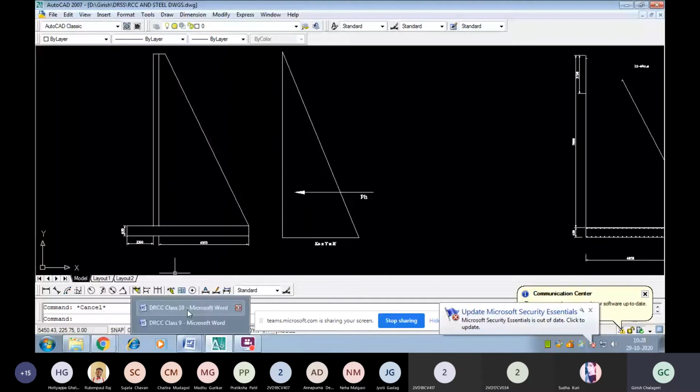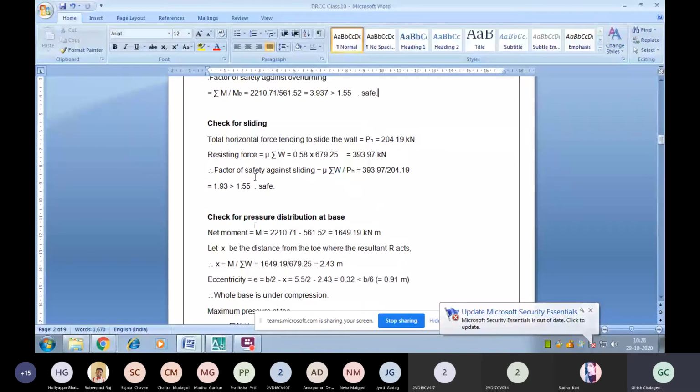So what is the formula to check for sliding? That is mu into total vertical force divided by the horizontal force. Mu is the friction between the concrete and the soil, because the soil is opposing the concrete here. It is given as 0.58 for mu. The total downward vertical force is 679, we know already.